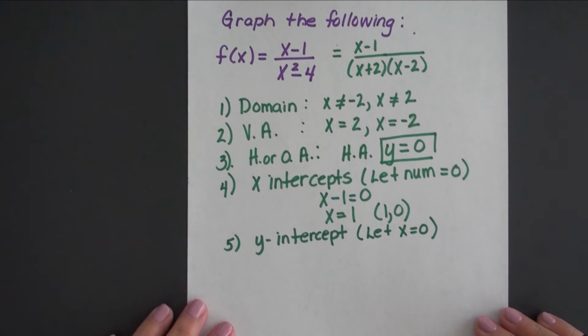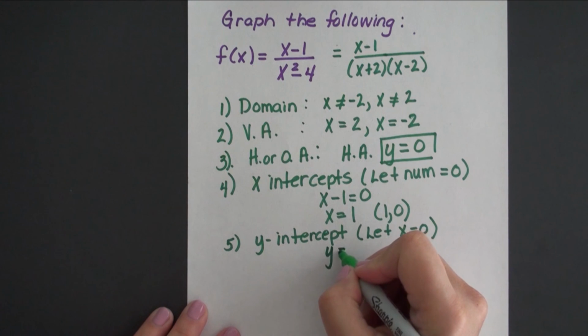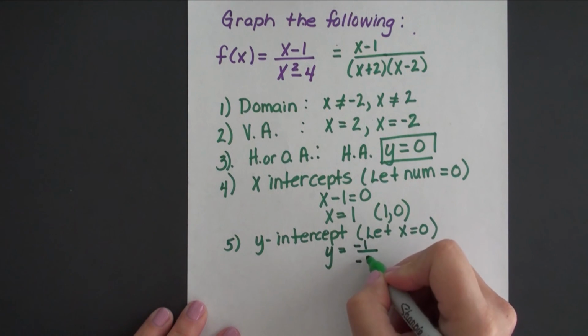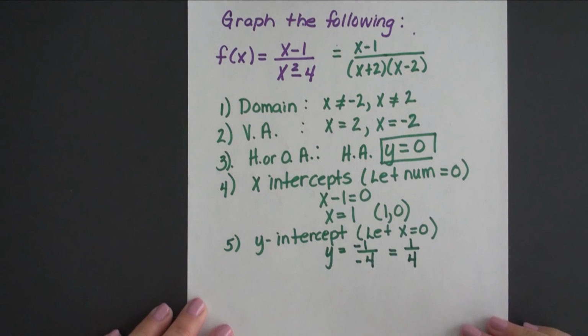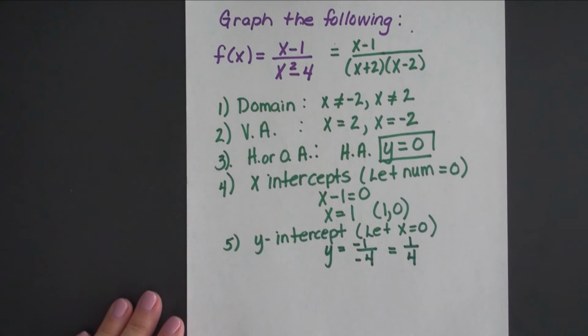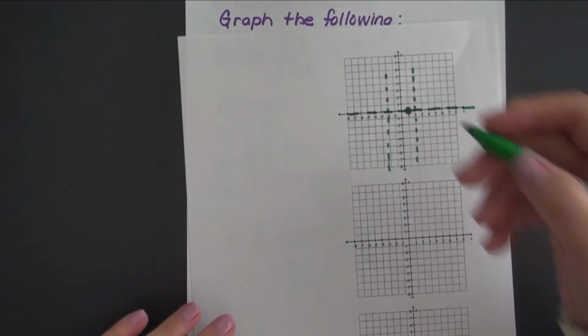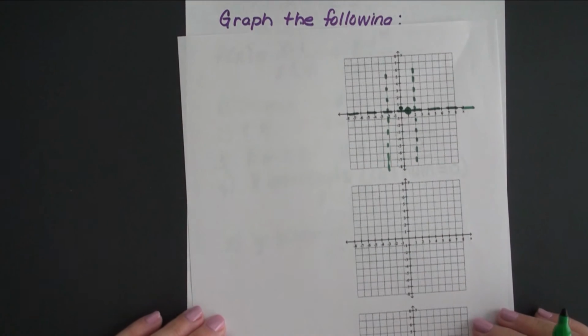If I put a 0 in for x in the numerator and 0 in for x in the denominator, I get y equals negative 1 over negative 4, which simplifies to a positive 1/4. I'll go back to my graph and I will put a point at positive 1/4.